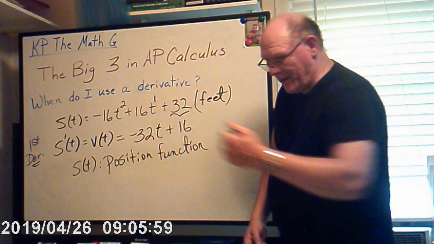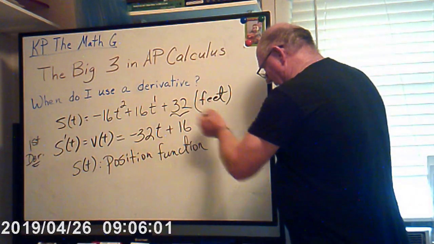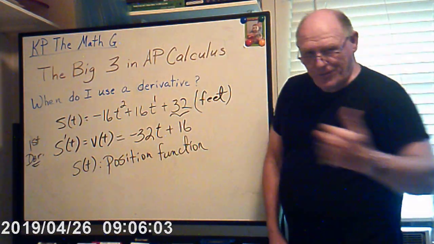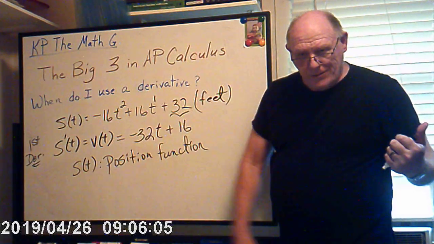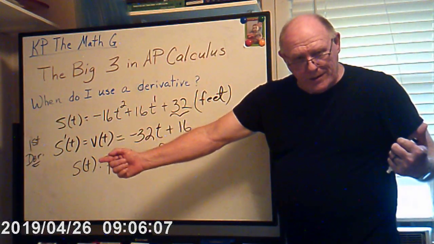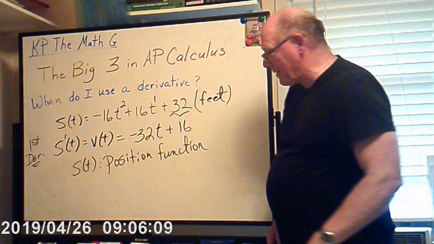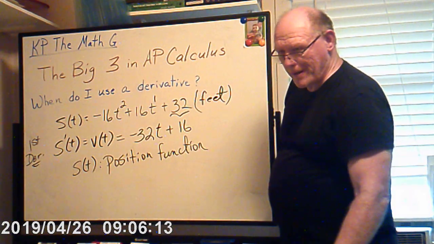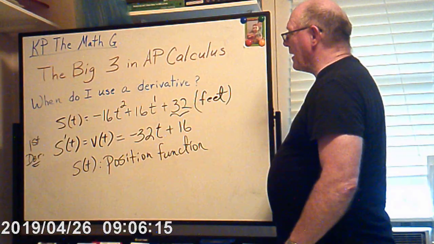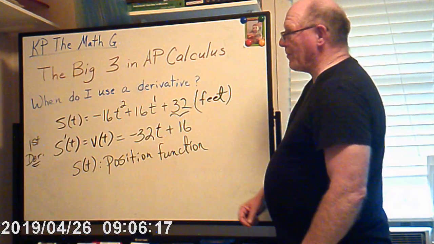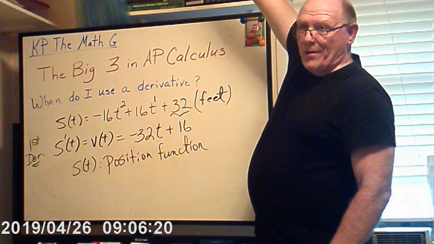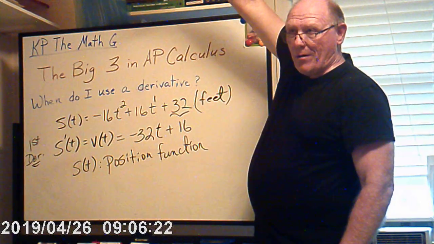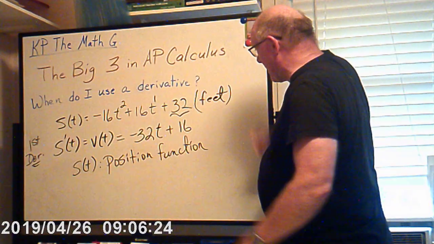So it would be 32 feet from the origin, or from where it starts. So it has a starting place of 32 feet. If it's the y-axis, it could be way up 32 feet and you're getting ready to drop the ball. But anyway, there it is.